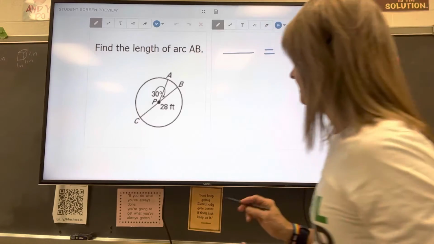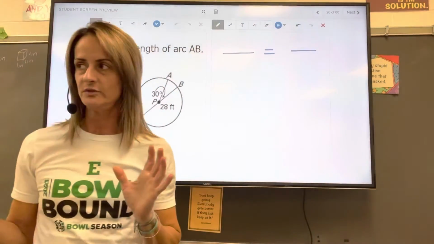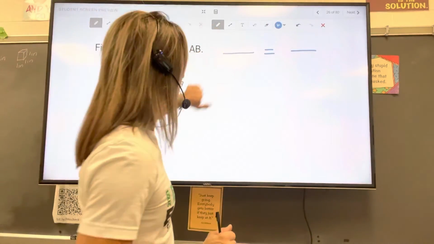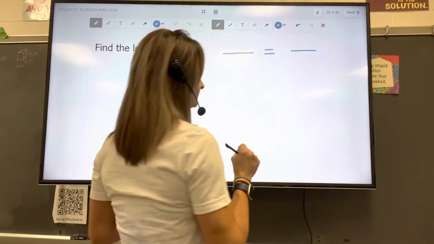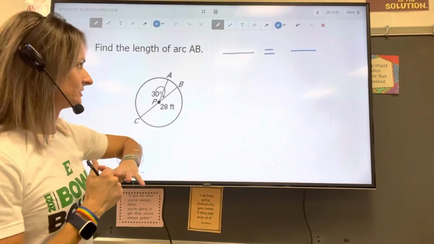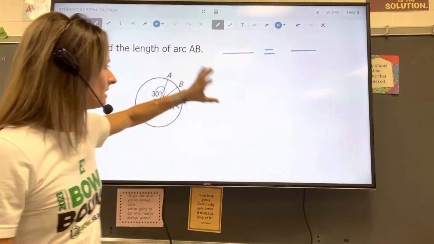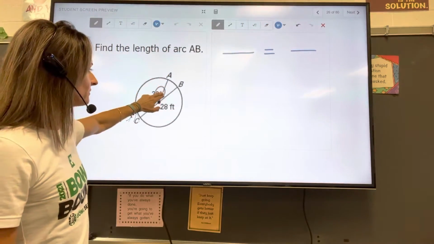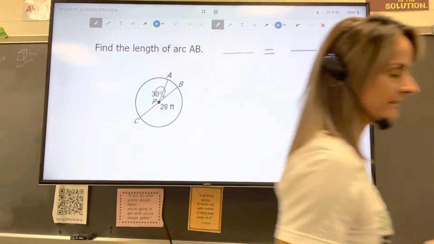There are different ways to do proportions, but I think the easiest way is to put the degrees on one side and the circumference or the area, depending on what we're doing, on the other side. In this problem, we're doing circumference. So part of a whole, part of a whole. On this side, we have 30 degrees, and that's out of the whole, which is 360. So I'm going to put that on the left here.